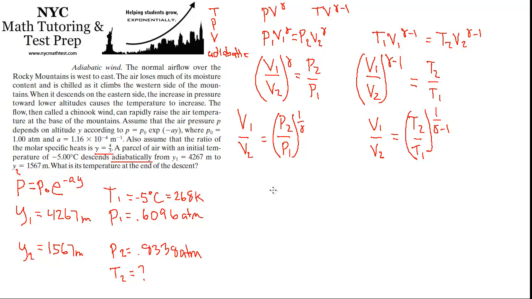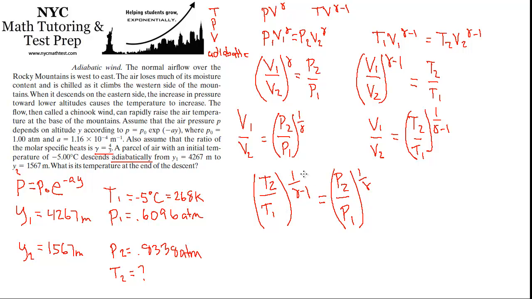So let's do that. And I'm going to write the temperatures on the left. So T2 over T1 all to the 1 over gamma minus 1 equals P2 over P1 all to the 1 over gamma. Now how do we get T2 over T1 by itself?